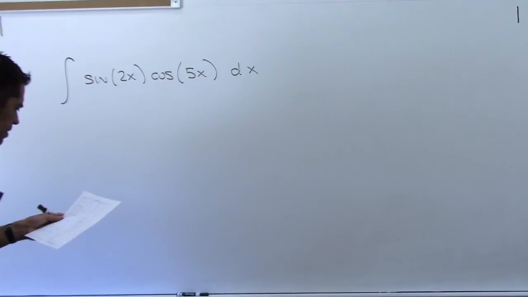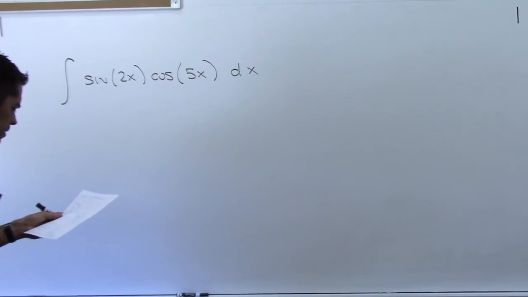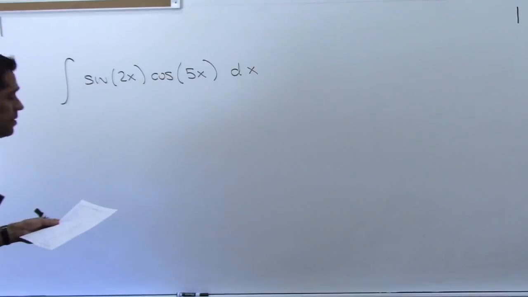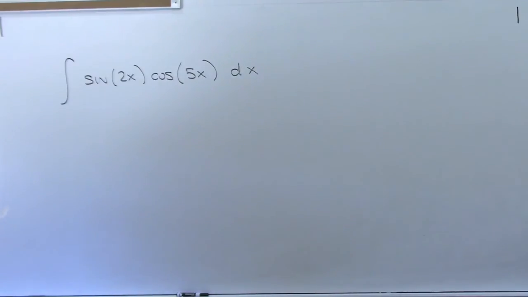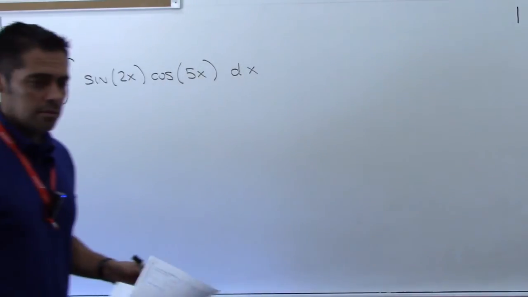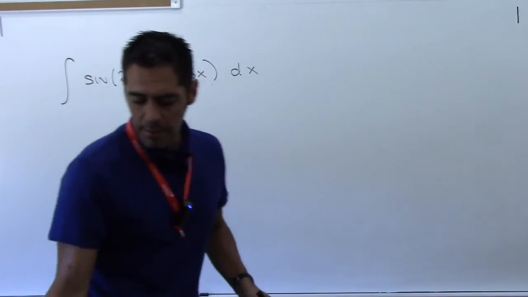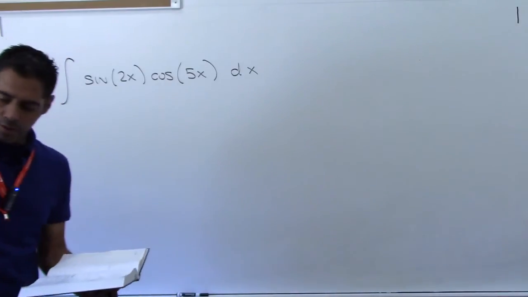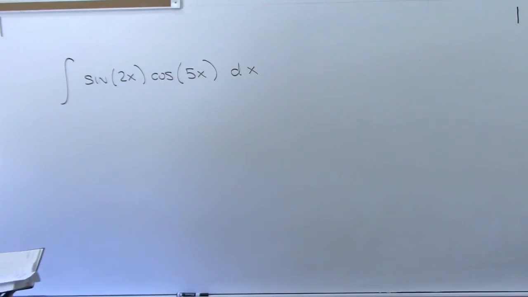There are some formulas from pre-cal that are not on here because they're not used very often. It's the sum to product, product to sum formulas. So you might want to jot that down. And let me reference the page in the book, that way you'll know where to look for this. We haven't dealt with this before because we have different things inside, right? Different arguments, 2x and 5x. So, sum to product, product to sum formulas.